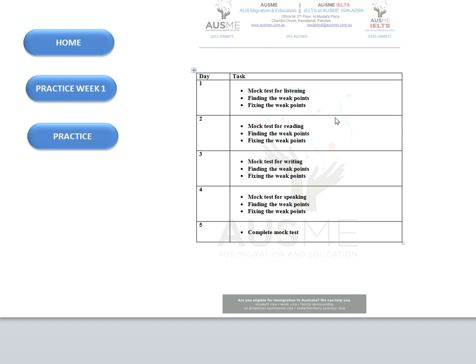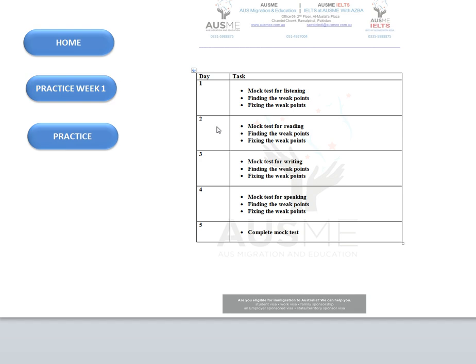What are you weak at, what type of questions, or what kind of mistakes are you making? Are they similar to each other? For example, are you making most mistakes in the multi-choice, or is it labeling the diagram? So we try to figure out where your weakest point is, what type of questions you are weak at, and then try to fix them. Then we'll tell you how to fix them and see how that goes.